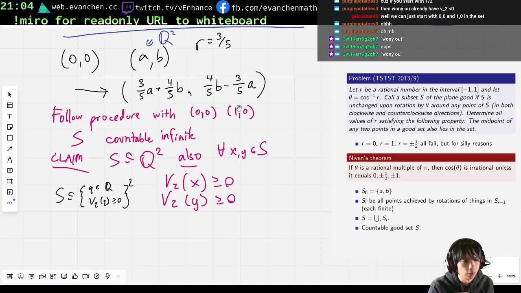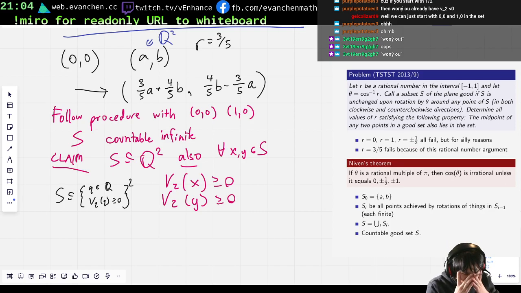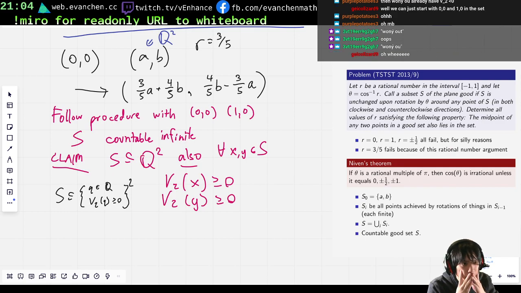Which is really good, because it means that... Okay. So r equals 3/5 also fails. Yeah, that's what I want. Okay, r equals 3/5 fails because of this rational number argument. Oh, jeez. So where is this going?